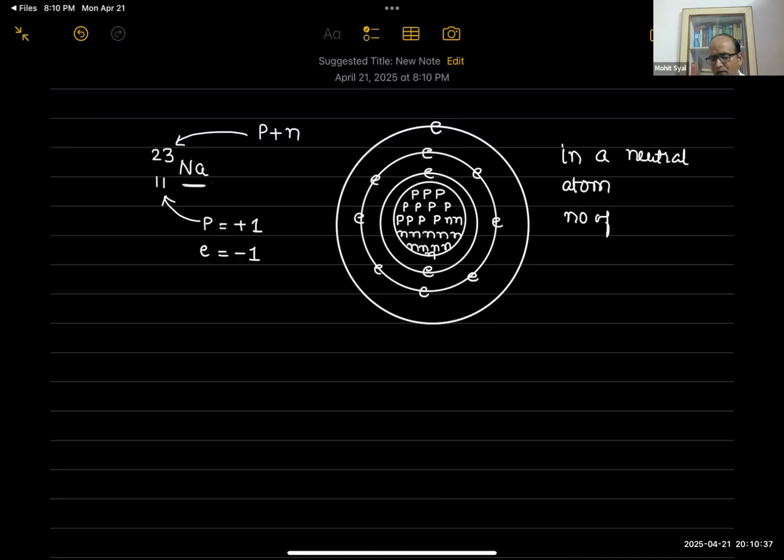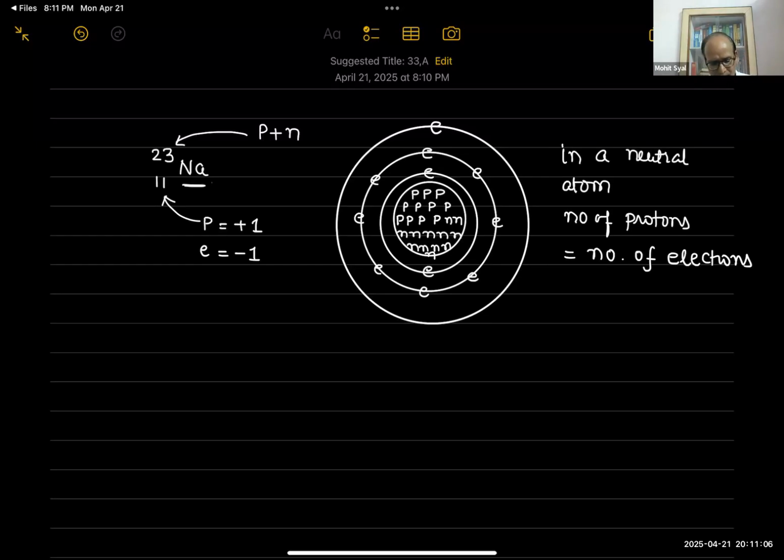In a neutral atom, the number of protons is equal to the number of electrons. Why can we say this? Because an atom can remain neutral only if the protons and electrons are equal.